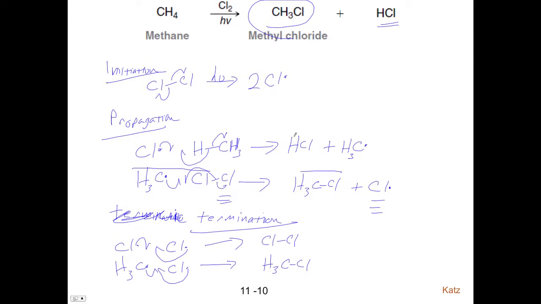So we've combined the two chlorines, and we've combined the chlorine and the methyl radical. Now what's left to combine? Two methyl radicals. But that's not part of our thing. Why would we combine two methyl radicals? Because it's there. We generate a radical, it has to be accounted for.